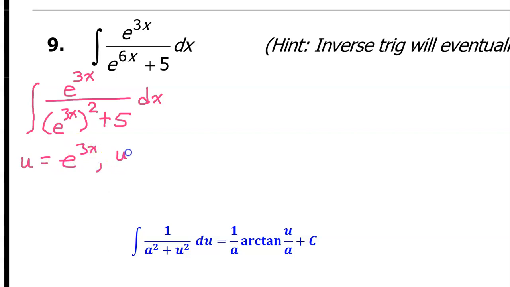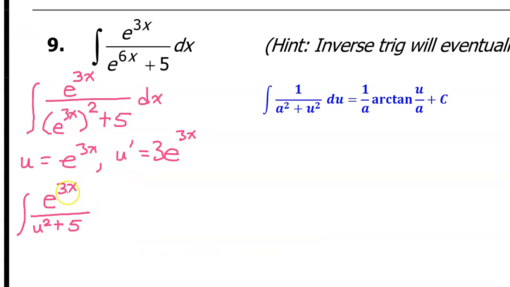That means my u prime, well, the derivative of e to the something is e to the something. However, there's always the chain rule. Because the exponent is not just an x, I need to multiply by the derivative of 3x, which is 3. But I choose to put that 3 in the front. So this is my u prime. Let's do the substitution.